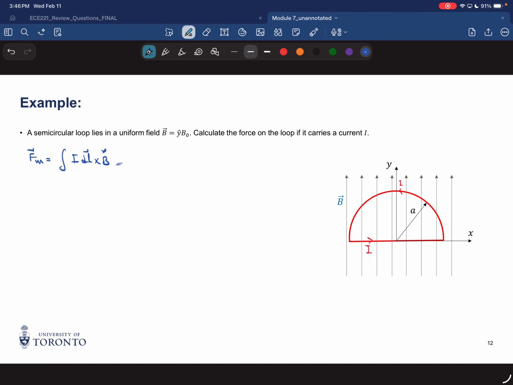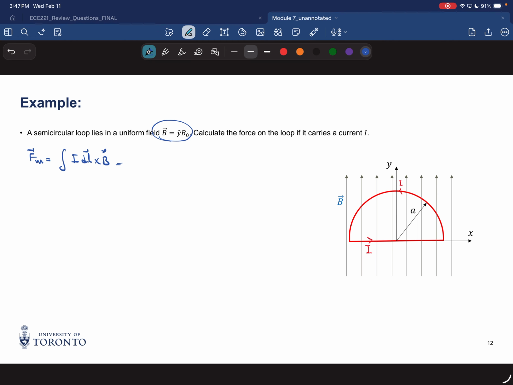And then since B is uniform, why is B uniform? It's just constant. The amplitude is a constant, it's B naught, and the vector is also a constant. Y hat is everywhere the same.